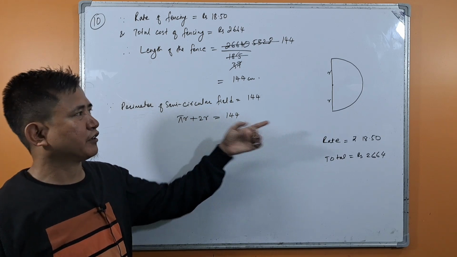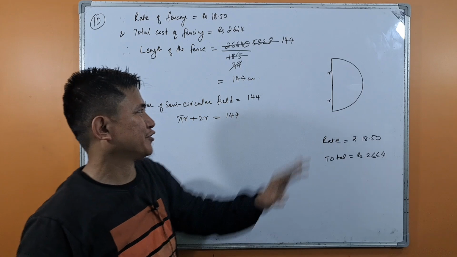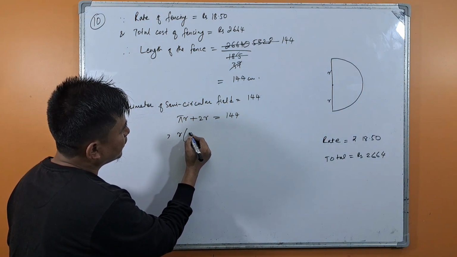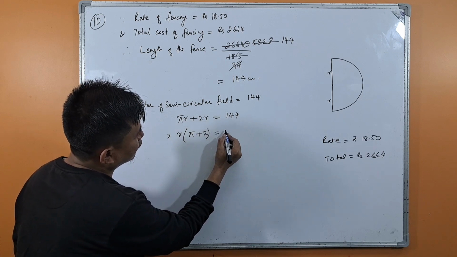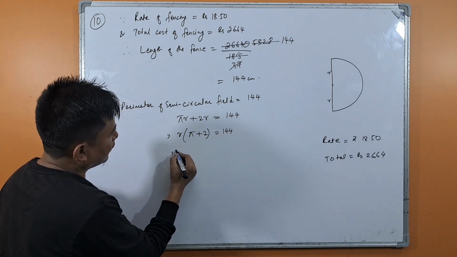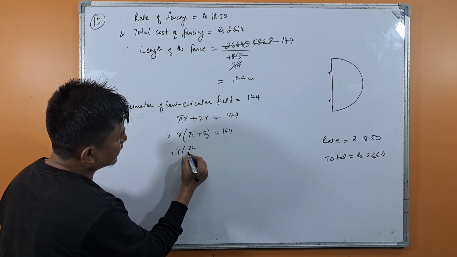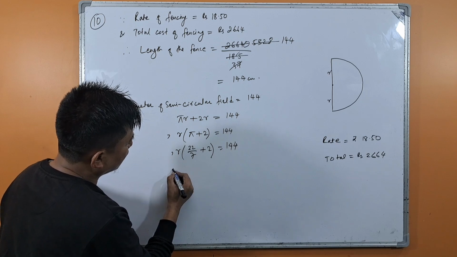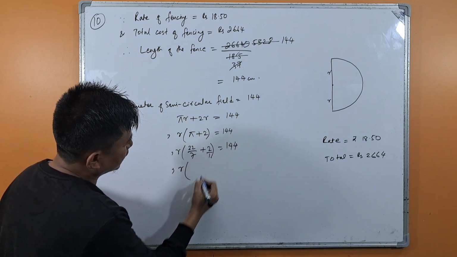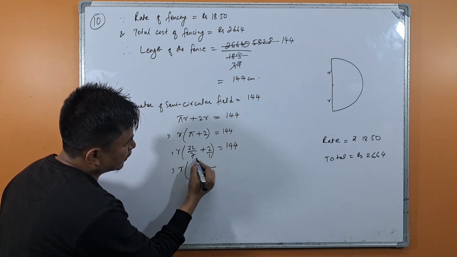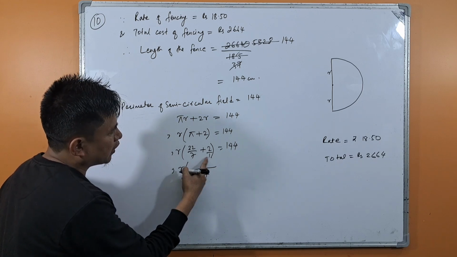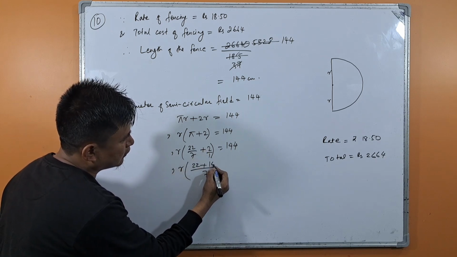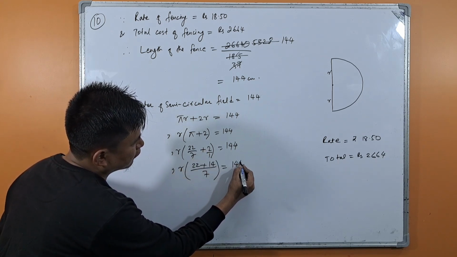Now from this equation we are going to calculate the radius of the semicircular field. So we take r common: r times (pi plus 2) equal to 144. Pi is 22 by 7, plus 2 equal to 144. The LCM of 7 and 1 is 7, so 22 plus 14 is 36, giving r times 36 by 7 equal to 144.